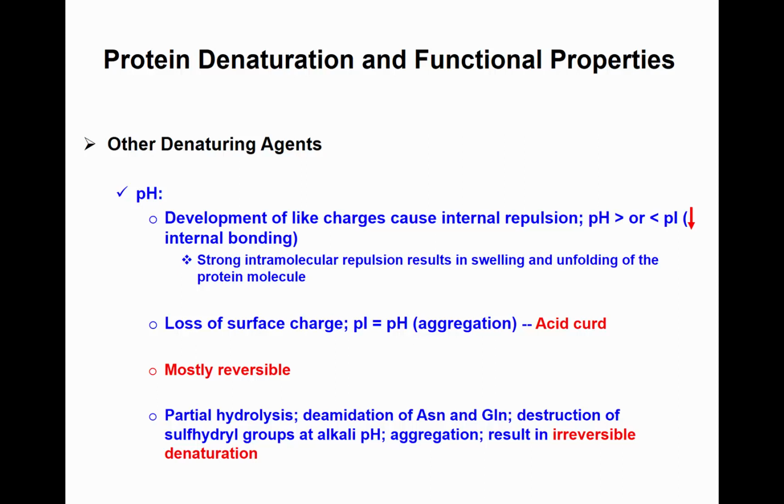So when you drop during fermentation of milk to form the yogurt, the pH reaches pI 4.6, which is the isoelectric point of casein. At that point, you lose net charge on the surface. Because you lost net charge on the surface, the proteins start coming together. No more repulsion between these casein micelles, so they start coming together and forming the gel, the three-dimensional gel.